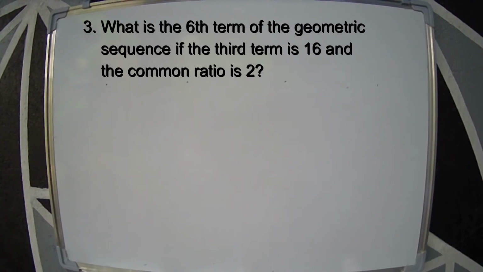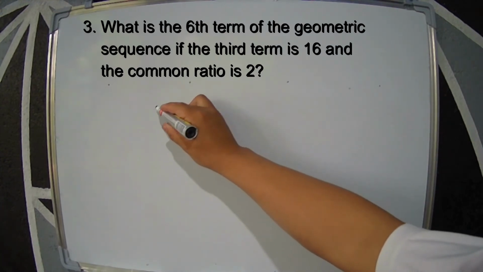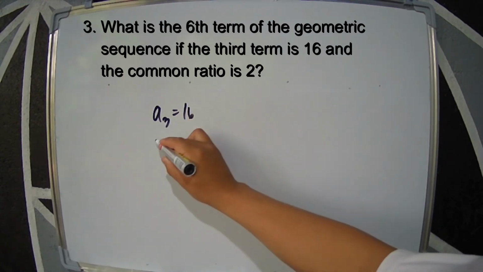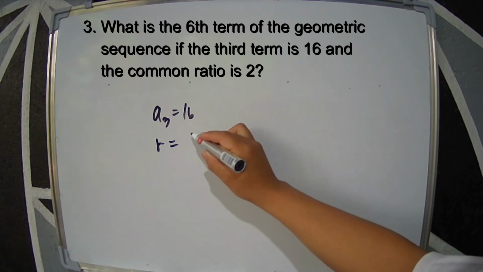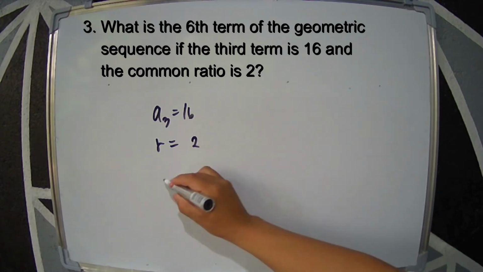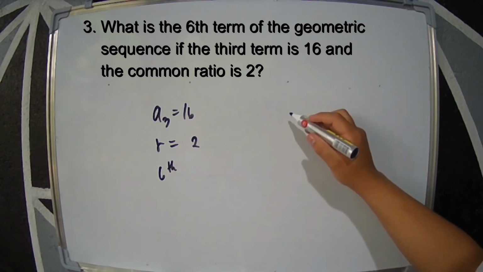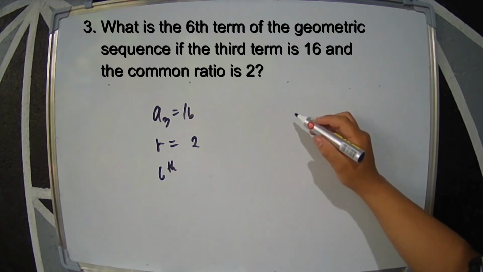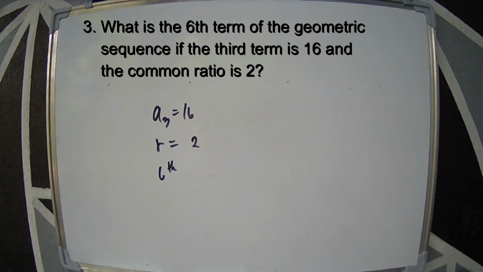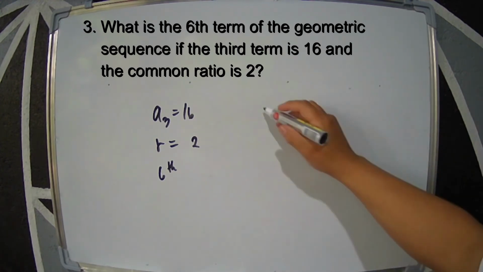Number 3. What is the sixth term of the geometric sequence if the third term is 16 and the common ratio is 2? Okay, so we can do it by simply listing the next terms until you reach the sixth term.